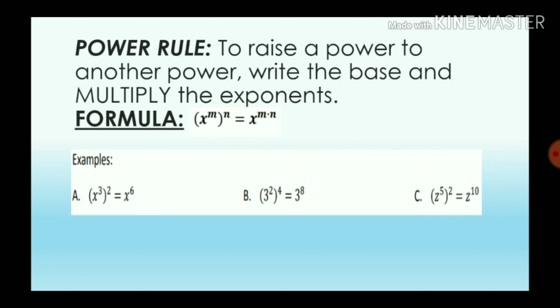A. x to the power of 3, to the power of 2 is equal to x to the power of 6. 6 comes from the multiplication of 2 and 3. B. 3 to the power of 2, to the power of 4 is equal to 3 to the power of 8. 8 comes from the multiplication of 2 and 4. C. z to the power of 5, to the power of 2 is equal to z to the power of 10.